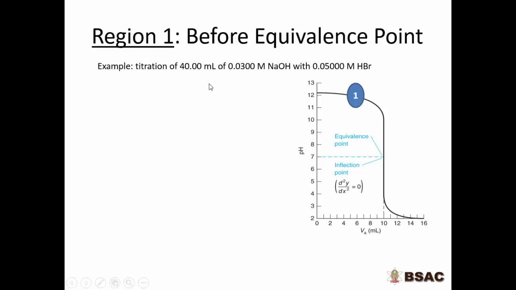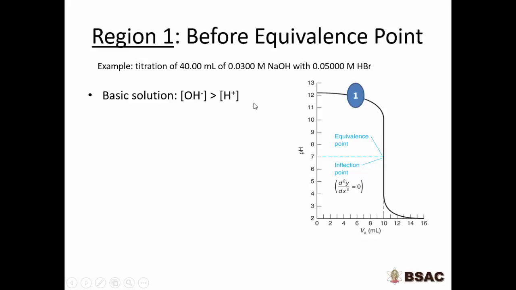Now quickly, a couple words about the nature of the calculations of pH before the equivalence point. So we still have a basic solution. We will have a basic solution all the way up until the equivalence point. At the equivalence point, they will have neutralized each other, the acid and base.